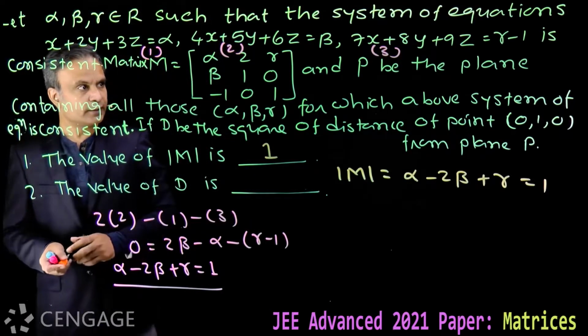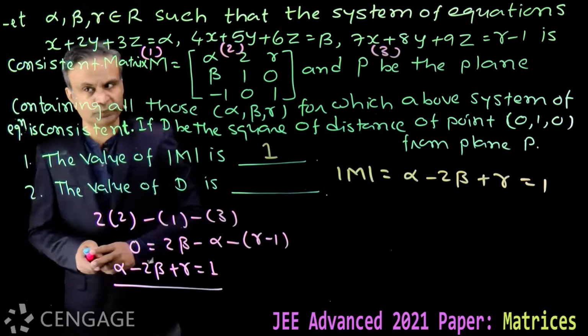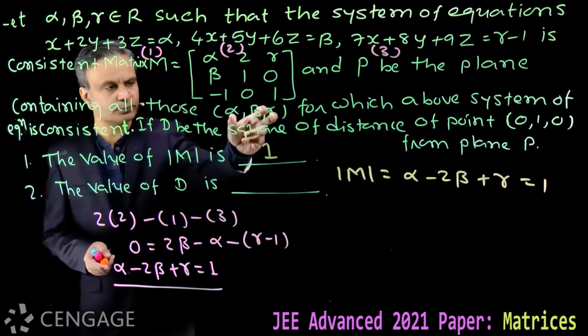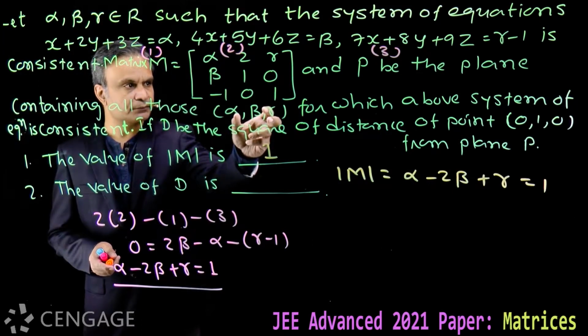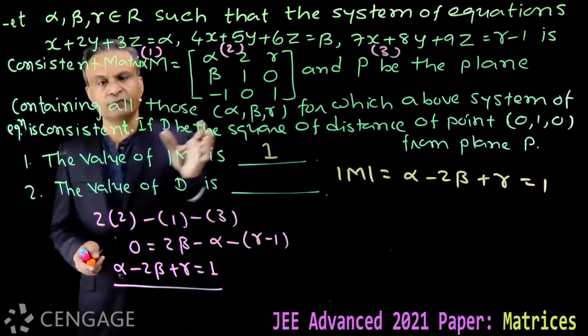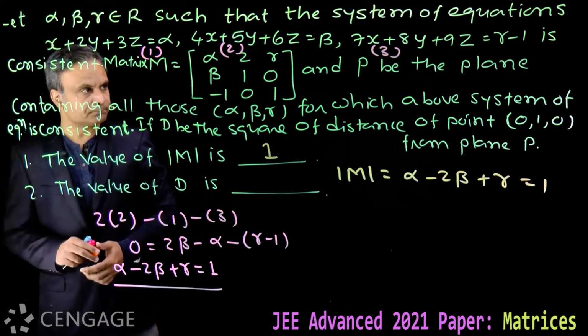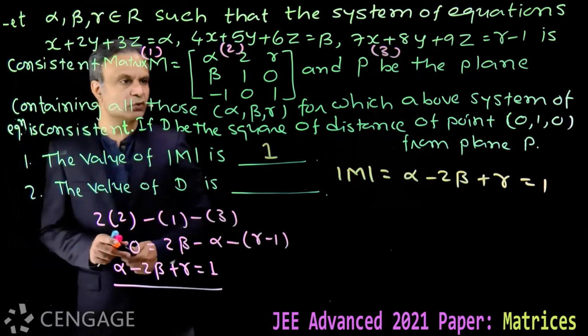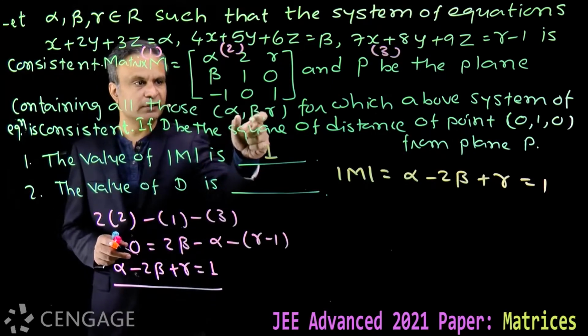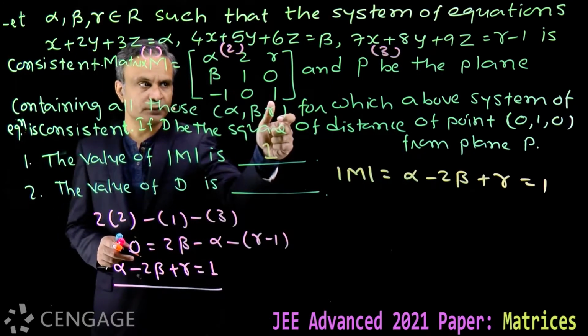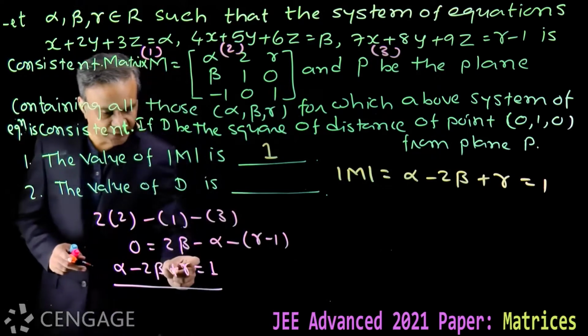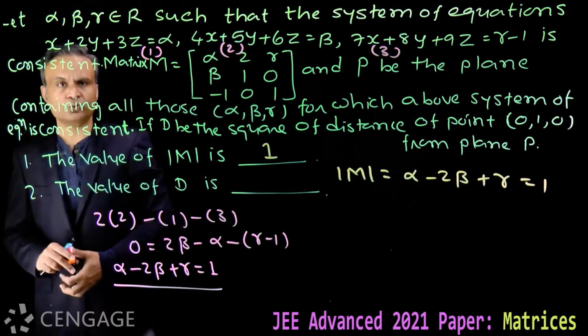Now, what is the meaning of this? P be the plane containing all those points having these coordinates for which system of equations is consistent. That means plane P is locus of point having coordinates alpha, beta, gamma, for which alpha minus 2 beta plus gamma is equal to 1.